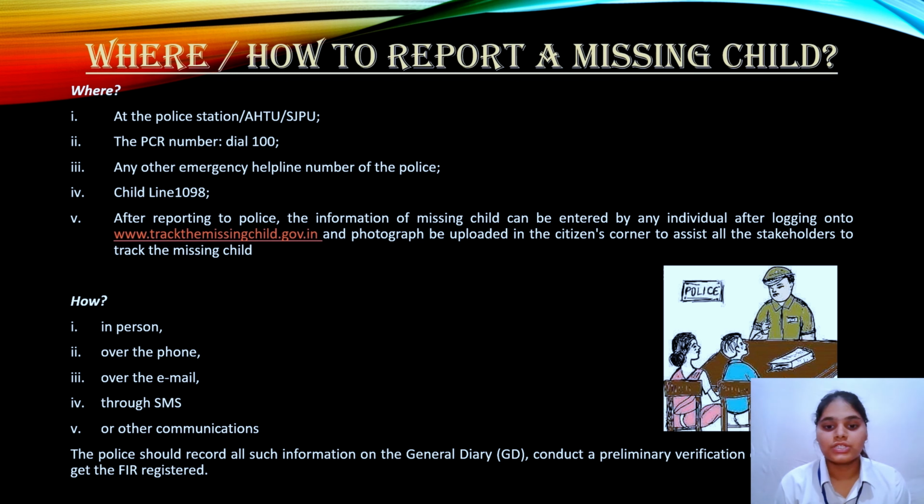The police needs to record all this and conduct a preliminary verification on the caller, that means the one who had reported the child missing. And if the verification has been done, the FIR needs to be registered.